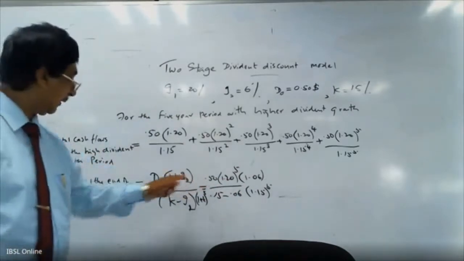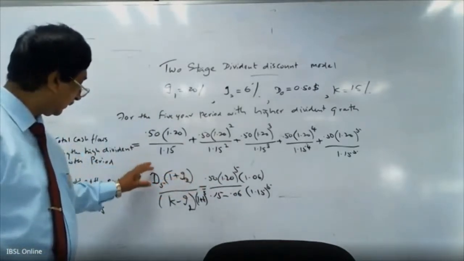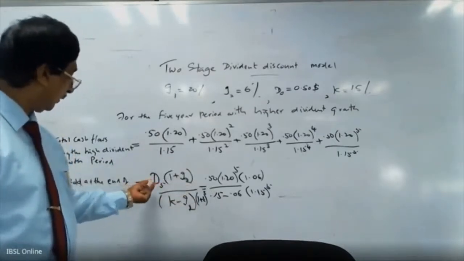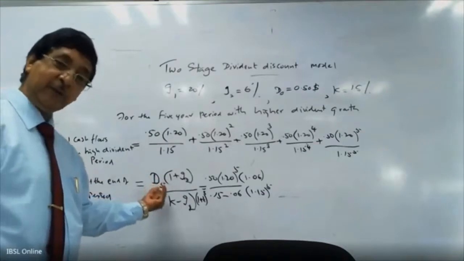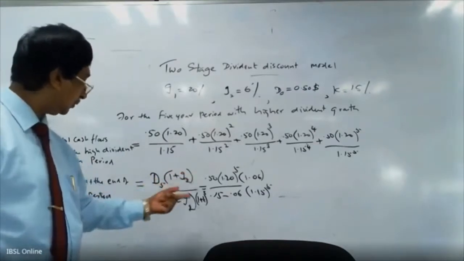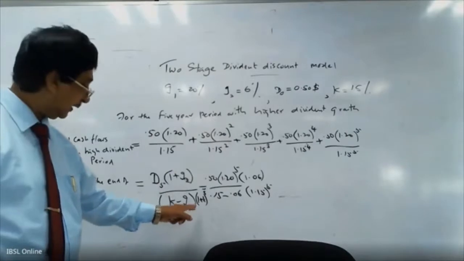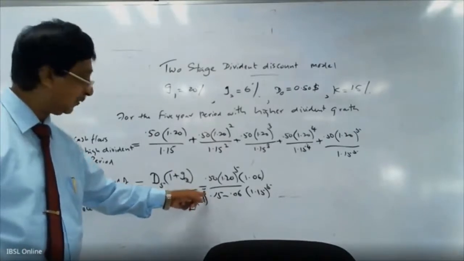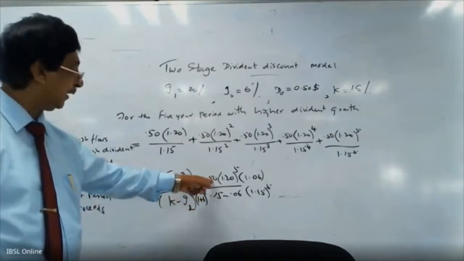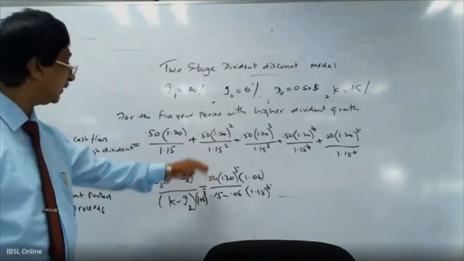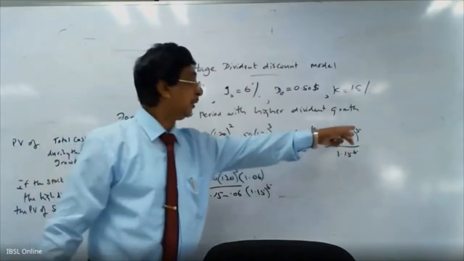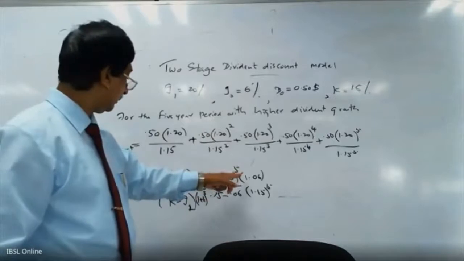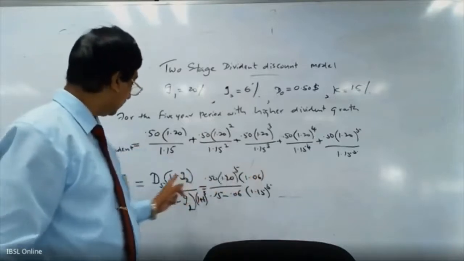Because as you see, this is the price calculation. D5. Now at that point D0 is D5 into 1 plus G2 divided by K minus G2, and in order to get into the present value, it has to be divided by 1 plus K to the power 5. So I just put the values for that. D5 is 0.50 into 1.2 to the power 5. That comes here, and it is multiplied with 1 plus G2.